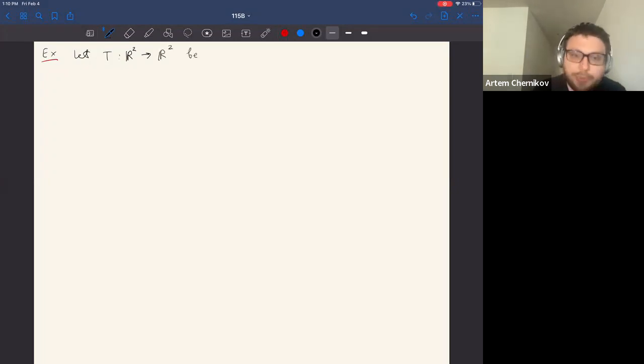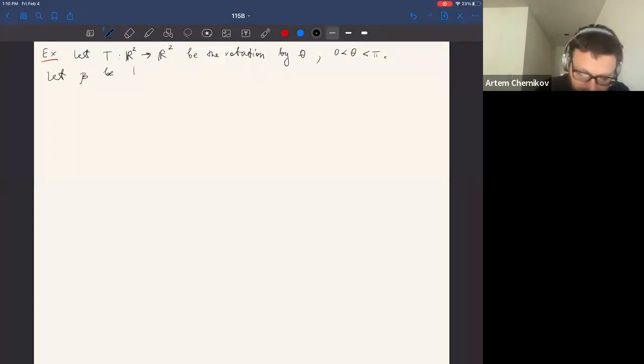Let this be the rotation by an angle theta, for some fixed theta between 0 and pi. Let beta be the standard basis for R square. Let me draw a little picture here.